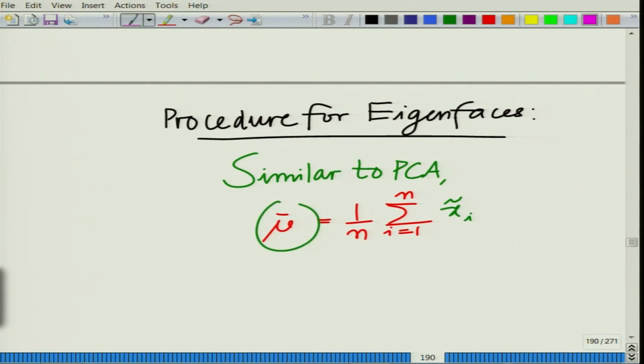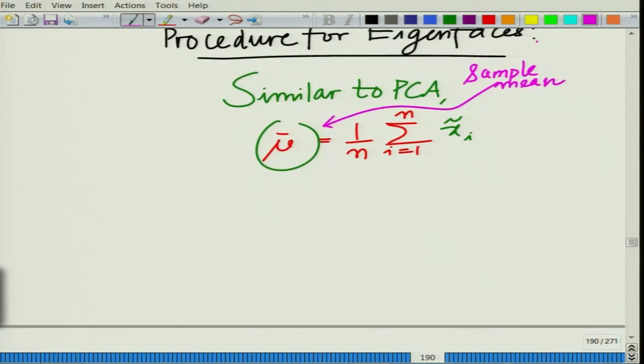Remember this is also called the sample mean, and from all the images subtract the sample mean. So, from each image you obtain x bar i equal to x tilde i minus mu bar. So, we subtract the sample mean.